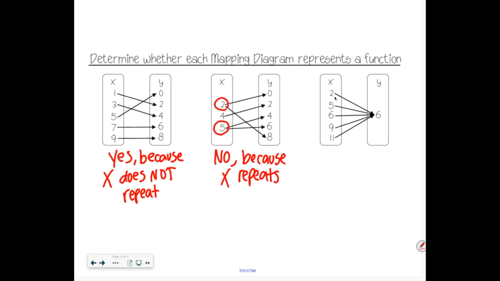It's a function. So remember, they can share an output and all share 6, but 2 can't be greedy and have 6 and then also have another output. This is still a function just because each x only goes out once. All right? So yes, because x does not repeat.